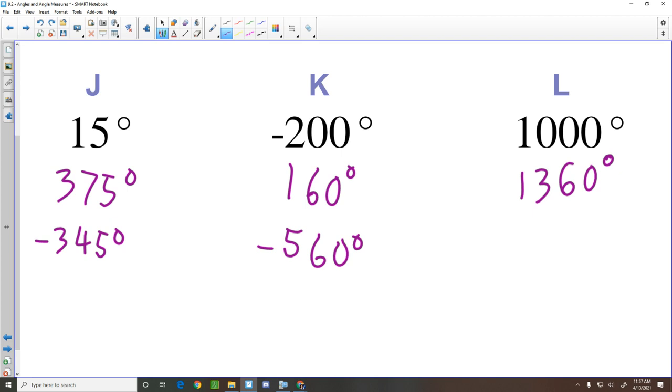But to get a negative coterminal angle, a lot of you subtracted 360 and you got 640, which is coterminal, but is 640 a negative number? Well, it's not. So what do we do? I just need to subtract another 360. So from 640, if I subtract 360, I get 280, right?